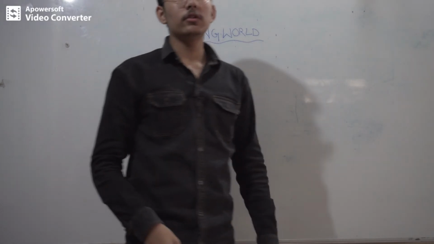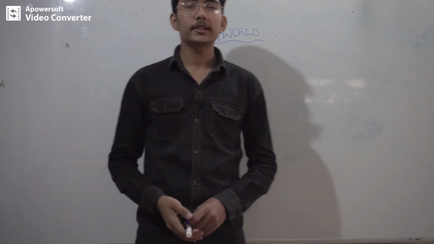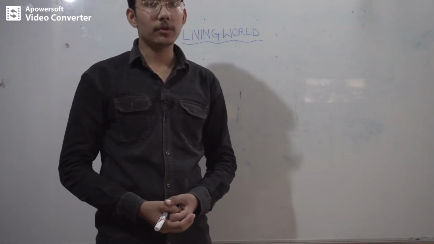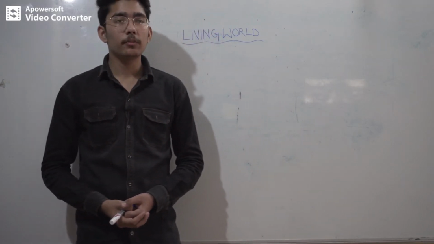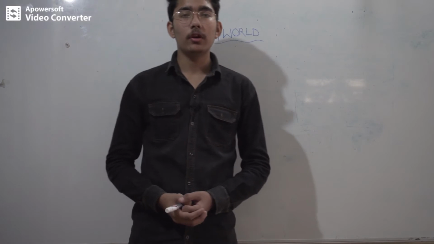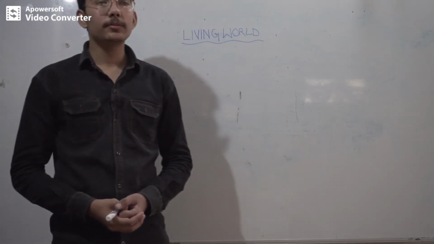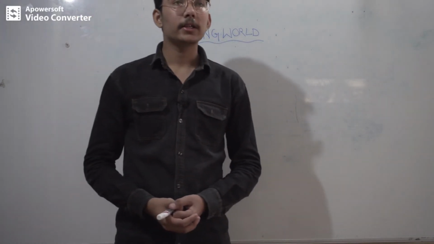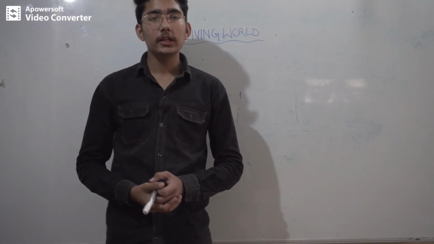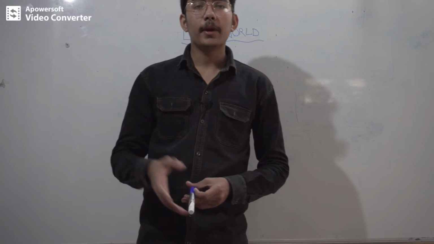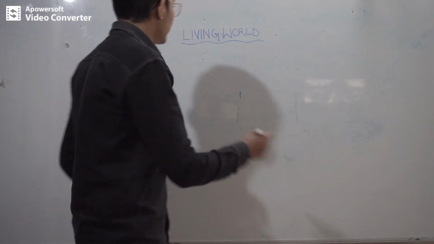Now we move on to the next characteristic, which is metabolism. Now the word metabolism is derived from a Greek word, metabol. What is the meaning of metabol? Any change, any conversion which is occurring is known as metabol. So note down here.